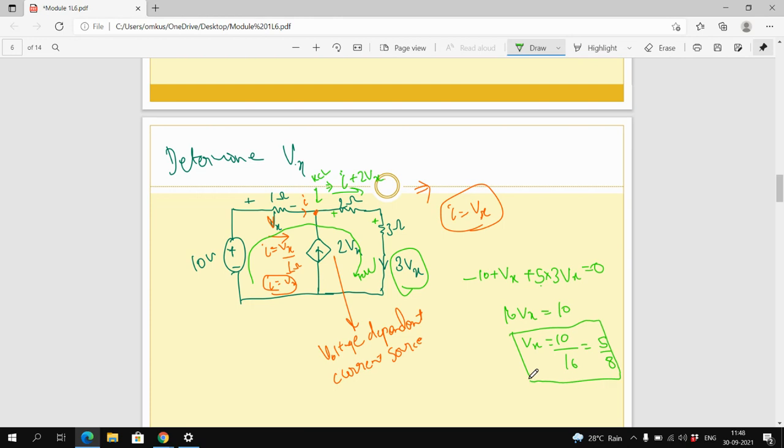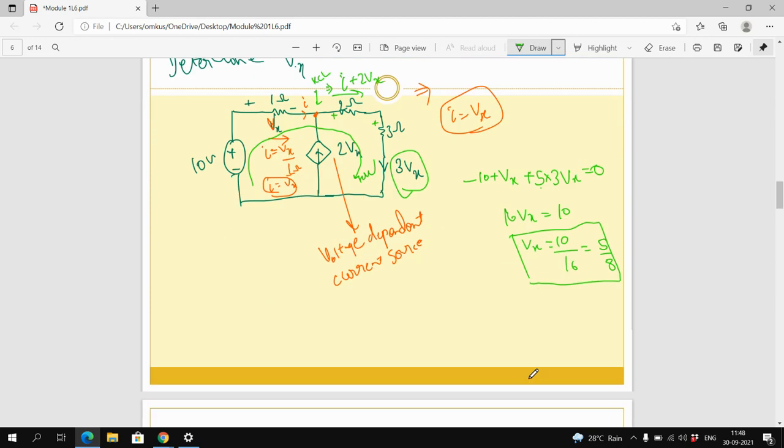You can also solve this problem with another concept, like nodal analysis. If I apply nodal analysis, I have to assume some different polarity, and see at that condition what is the current flowing in that branch.